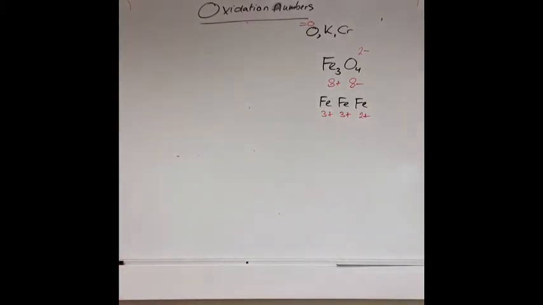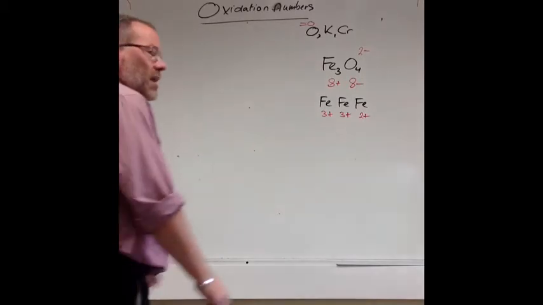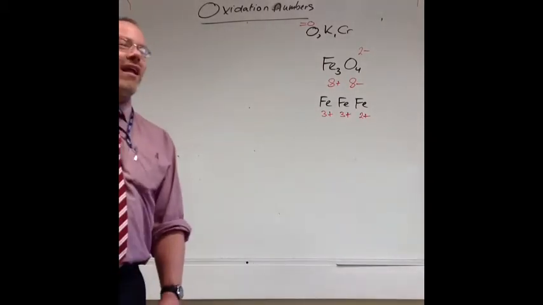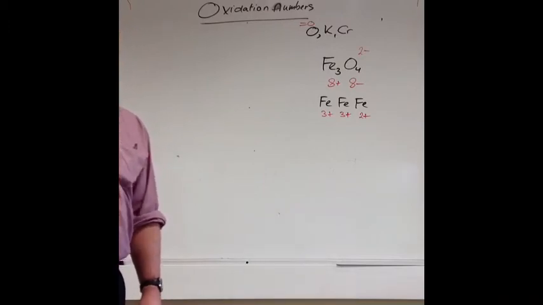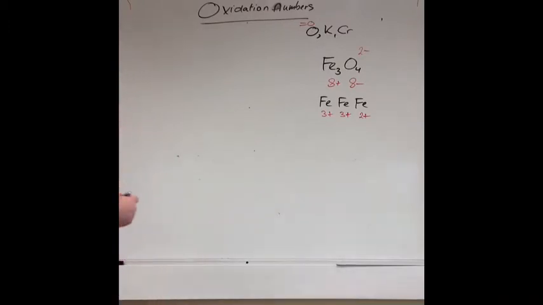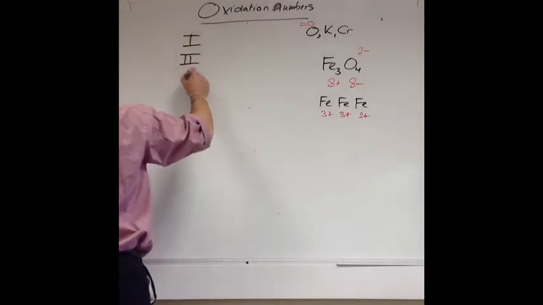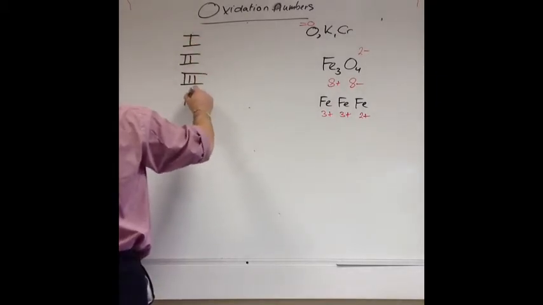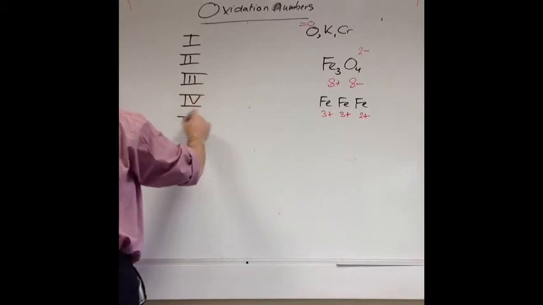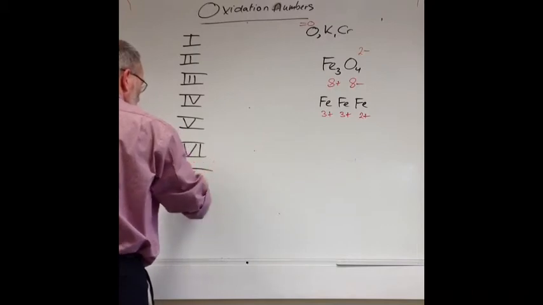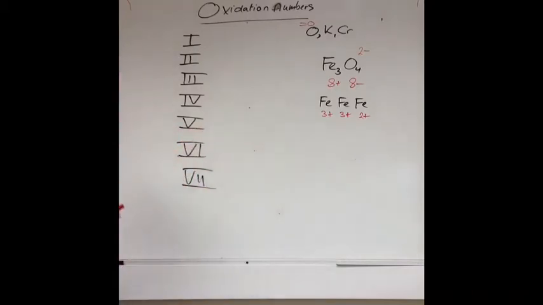Because Romans didn't know anything about the number 0, and Romans didn't know anything about negative numbers. So the only thing they know is 1, 2, 3, 4, 5, 6, 7, and that's as far as I'm going.